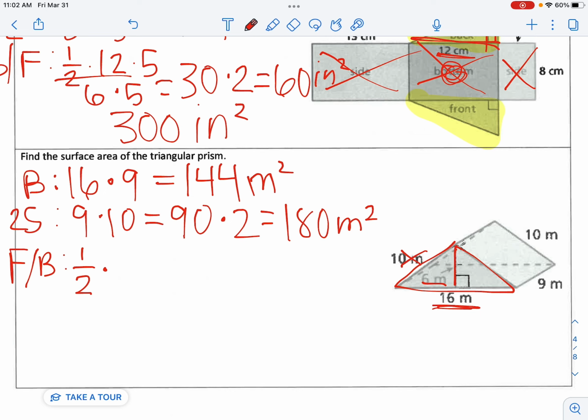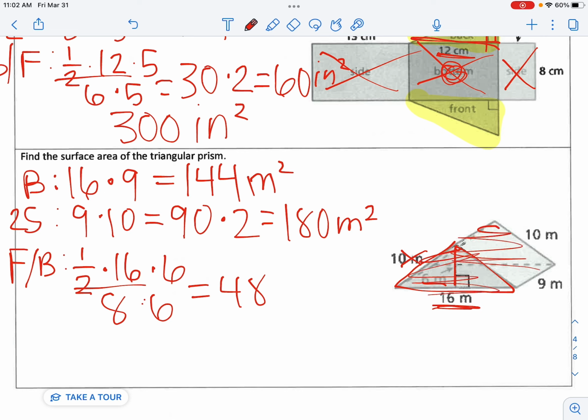Remember, when we have triangles, you have to find that right angle. So it is 1/2 times 16 times 6. Half of 16 is 8. And so we have 8 times 6, which is 48. Okay. And since this triangle is 48 and this triangle is 48, we have to multiply by 2 to figure out what they are all together, and we get 96 meters squared.